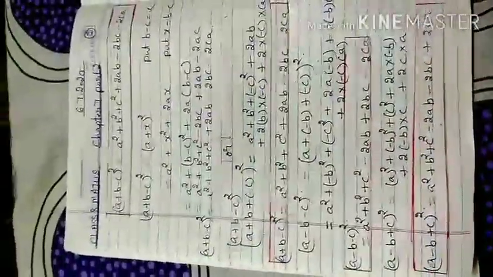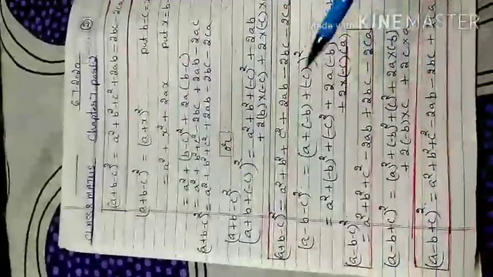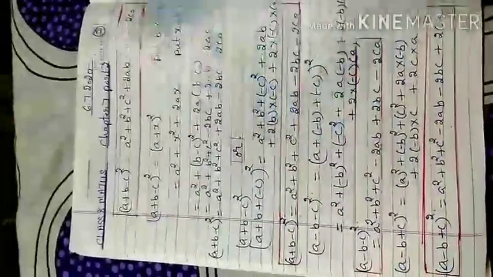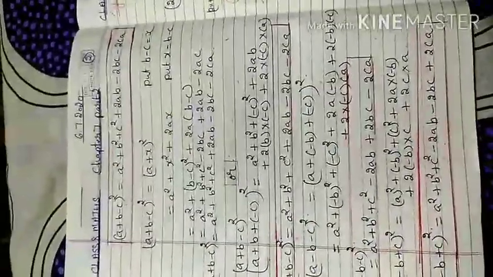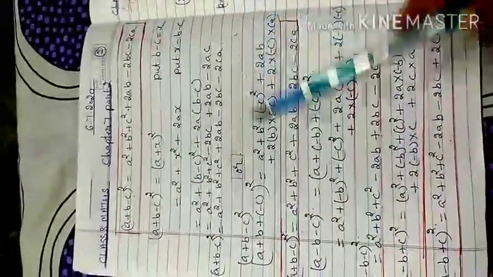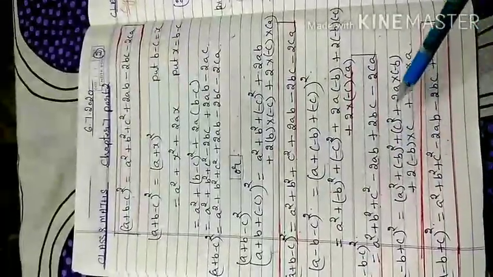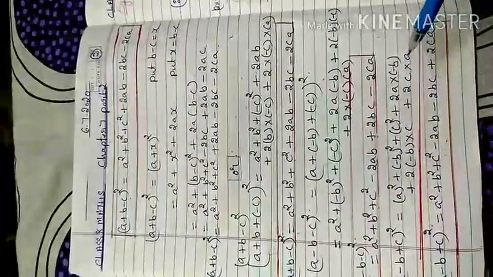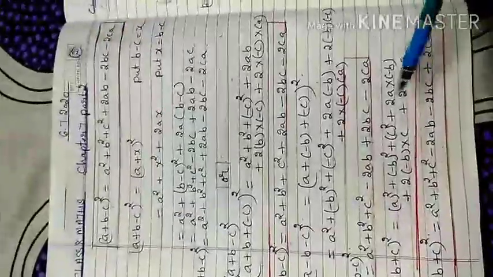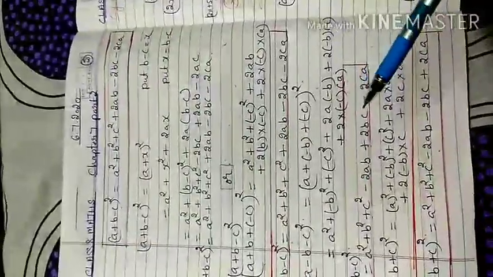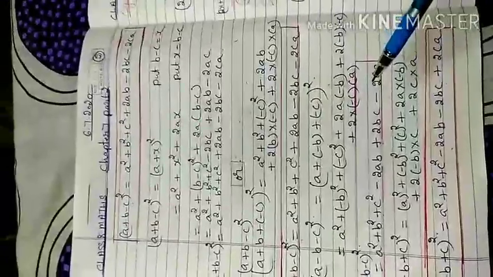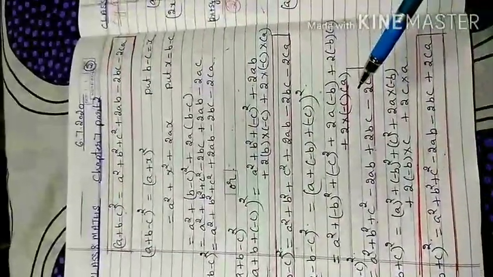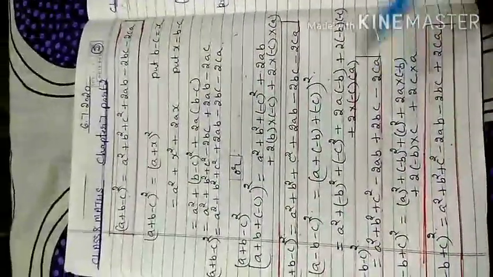I am just telling you these formulas, but instead of remembering all of them, if you remember only one formula, a plus b plus c whole square, that is a square plus b square plus c square plus 2ab plus 2bc plus 2ca, and whichever term is accompanied by a negative sign, when you apply the term in the formula you carry the negative sign along, you will get the answer automatically as it is in the formula.